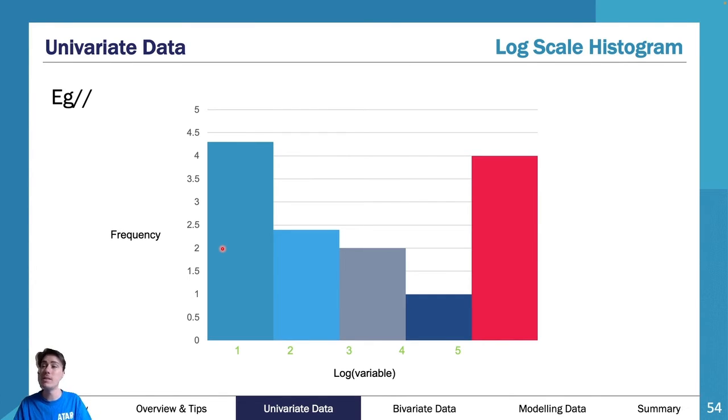Next category, between 1 and 2 on the log, means my raw data is between 10 and 100. Next one, between 2 and 3.